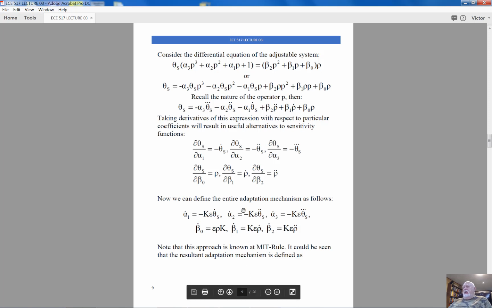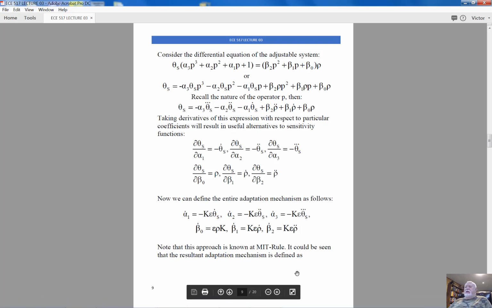So now we can redefine the adaptation mechanism using not the sensitivity functions, but the time derivatives of the output of the adjustable system and time derivatives of the input signal raw.